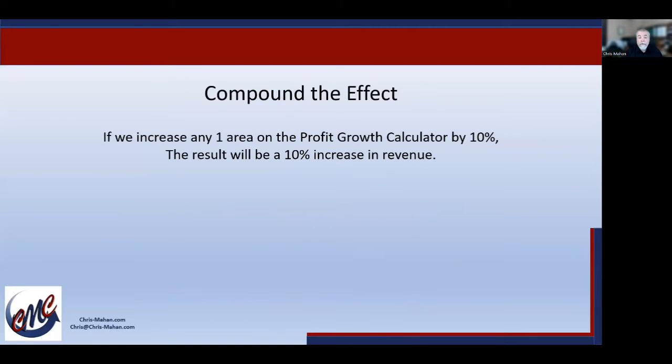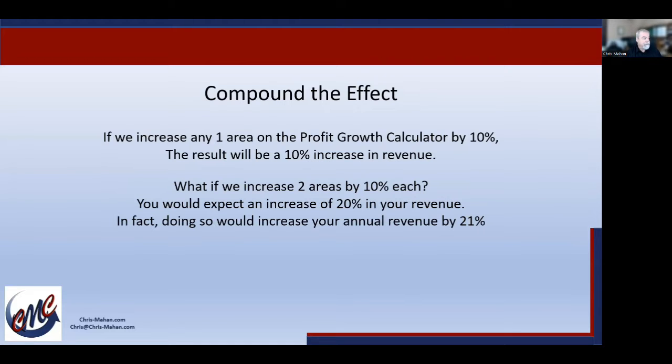For instance, if we were to only increase the number of transactions a customer engaged in over the course of a year by 10%, it would result in a 10% increase in annual revenue. That's 250 customers times 11 transactions a year. That's 2,750 transactions. Multiply that by $100 that they spend on average, and that's $275,000.